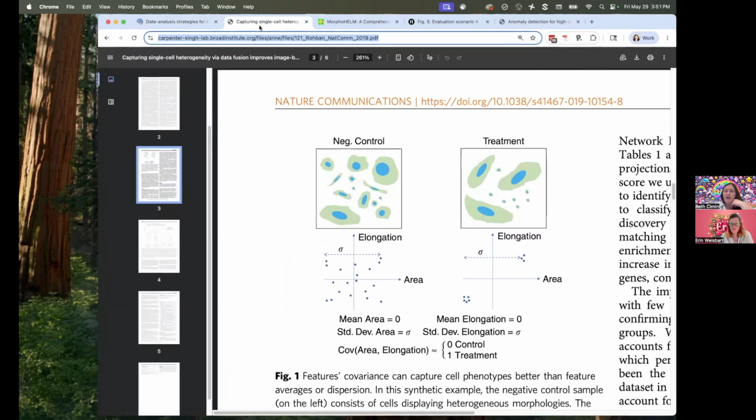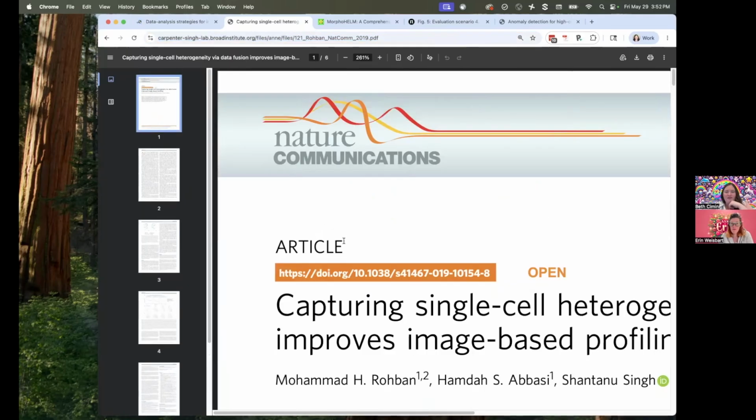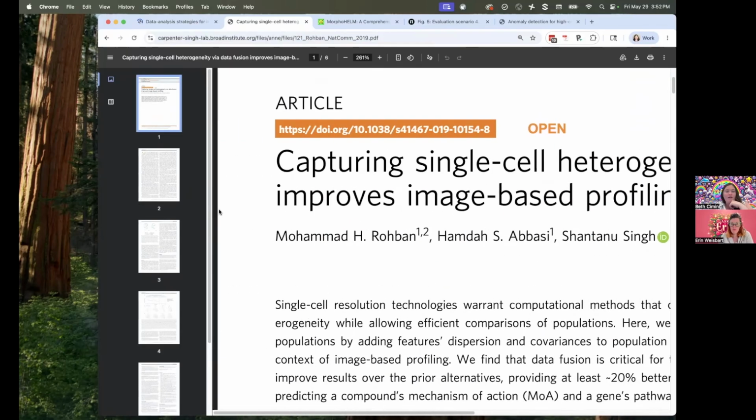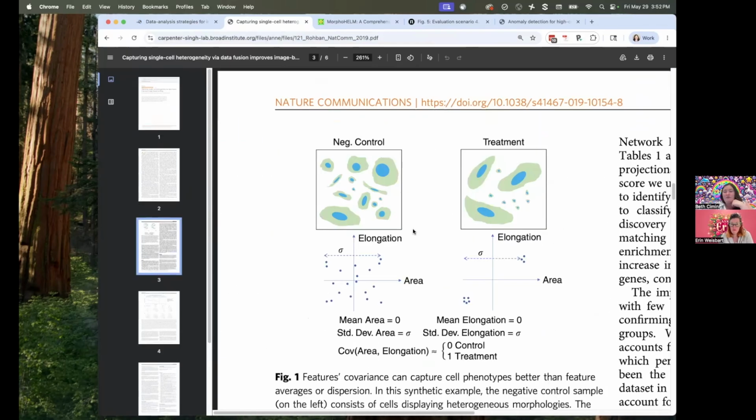Other things that folks have done in the past, so this is from Rohban et al., where they said, we have cases where the mean and the standard deviation are the same, so the individual feature distributions cover the same thing, but maybe one is a very full distribution and some are very bimodal in population.